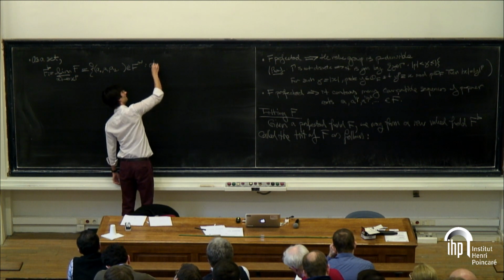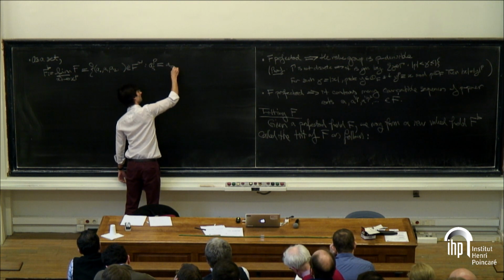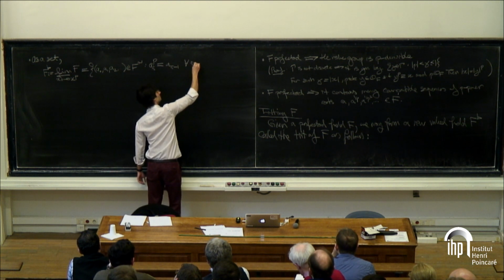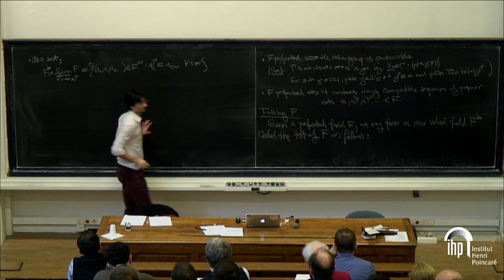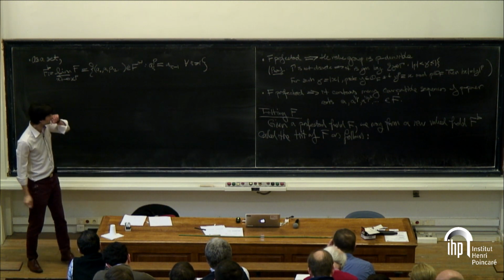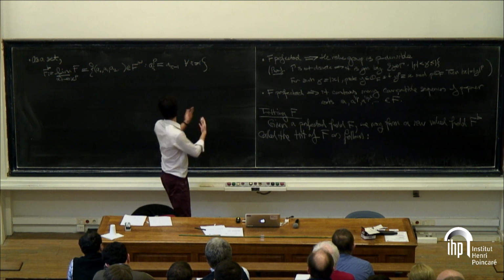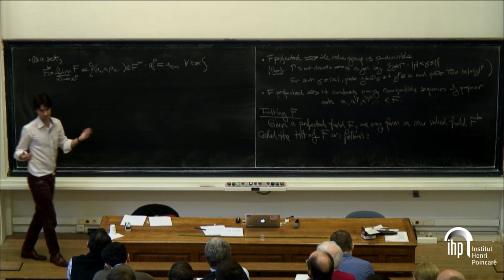So I ask that a_i to the p is equal to a_(i-1) for i bigger than or equal to 1. And by this remark that I made a moment ago, there are enough such sequences in some sense.